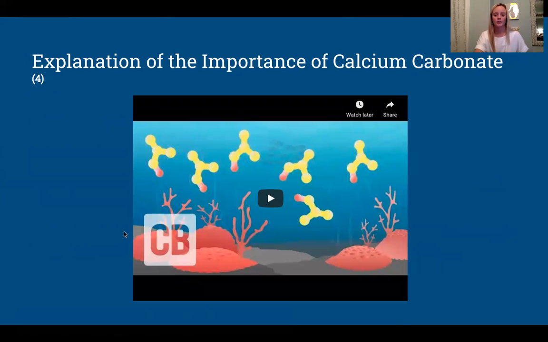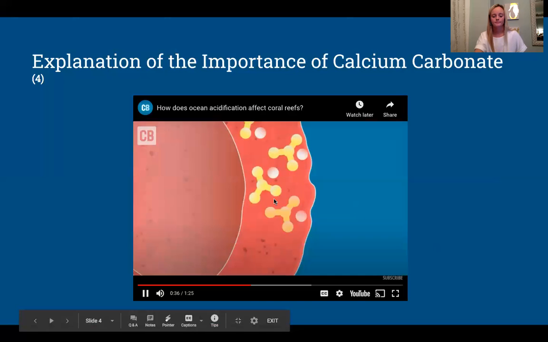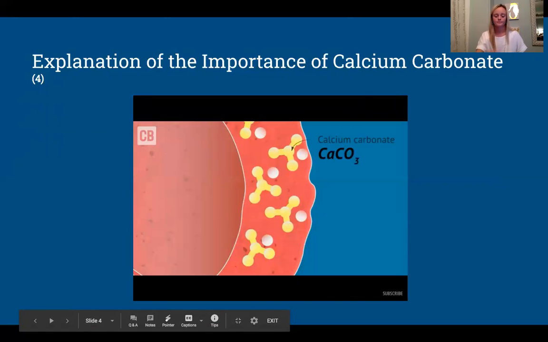Okay, so this video goes into more of an explanation of the importance of calcium carbonate and the effects it has on coral reef. Some types of coral have a hard outer skeleton made out of a compound called calcium carbonate. This compound is made of calcium ions and carbonate ions.